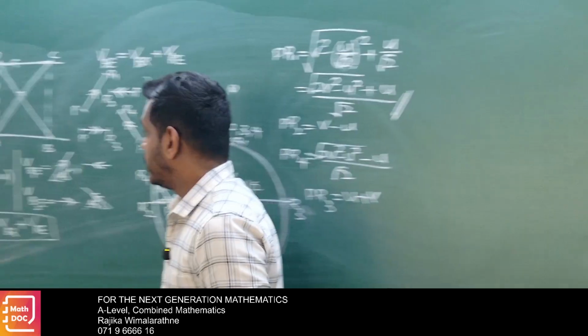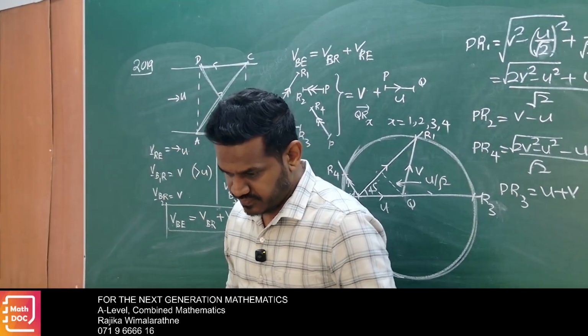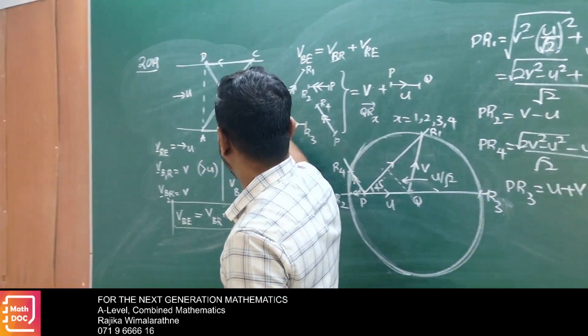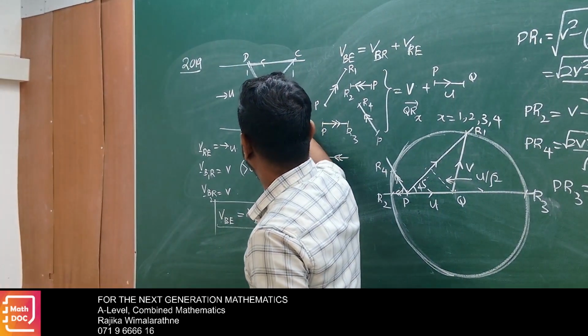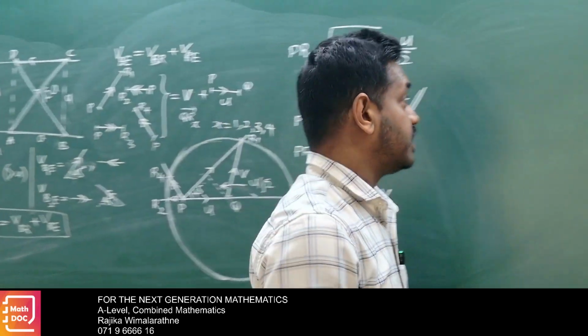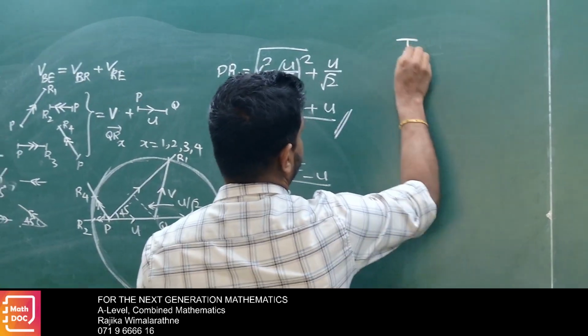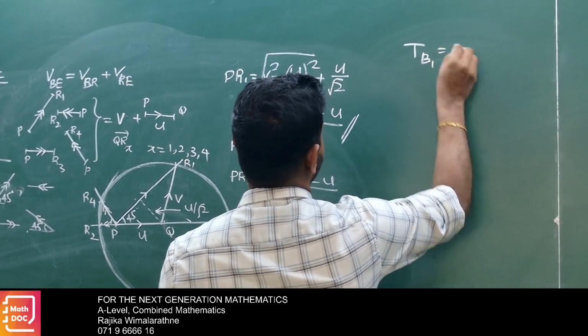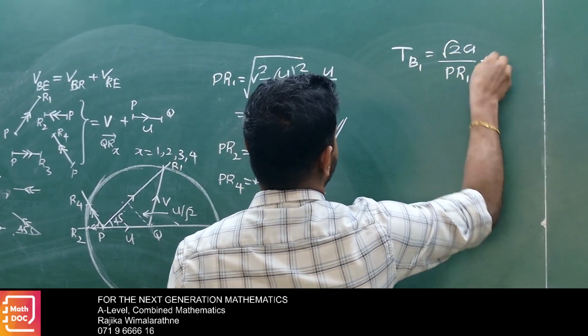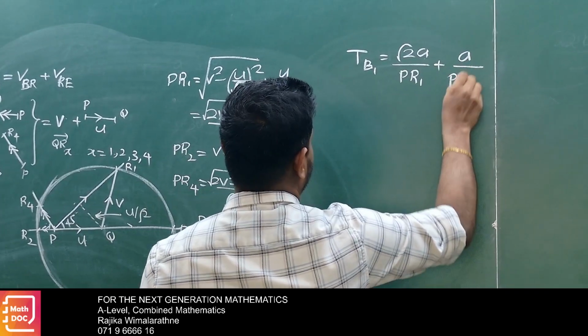Now, one side AB is the breadth A, so the diagonal is root 2A. Then take TB1: root 2A divided by PR1, plus A divided by PR2.